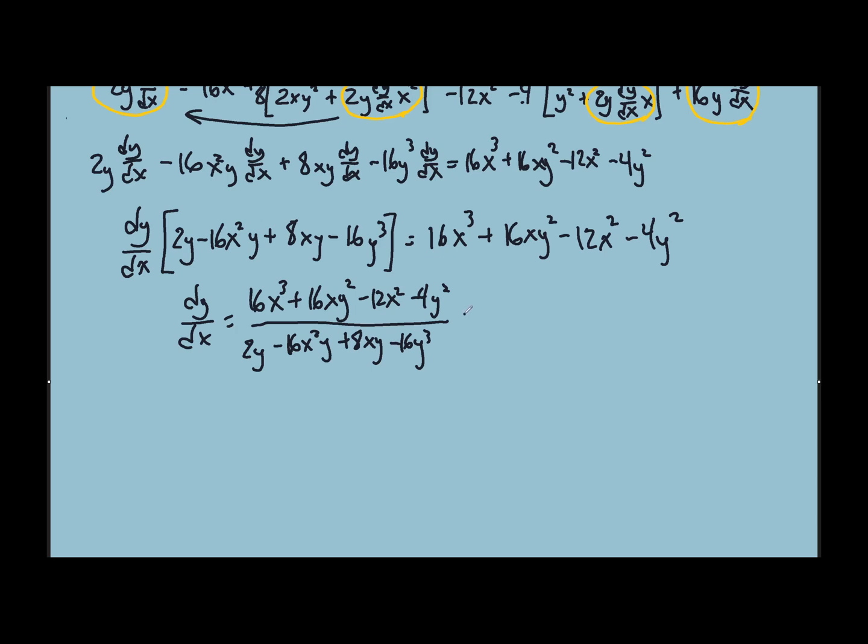We can take a 2 out, we could take a 4 out, we can take a 2 out. So we'll call it 8x cubed plus 8xy squared minus 6x squared minus 2y squared, over y minus 8x squared y plus 4xy minus 8y cubed.